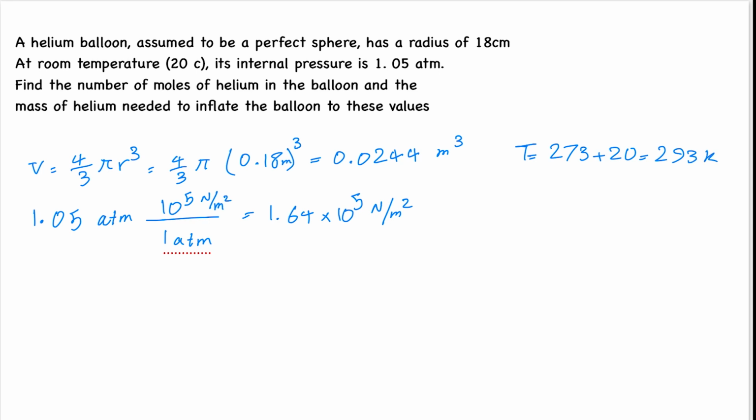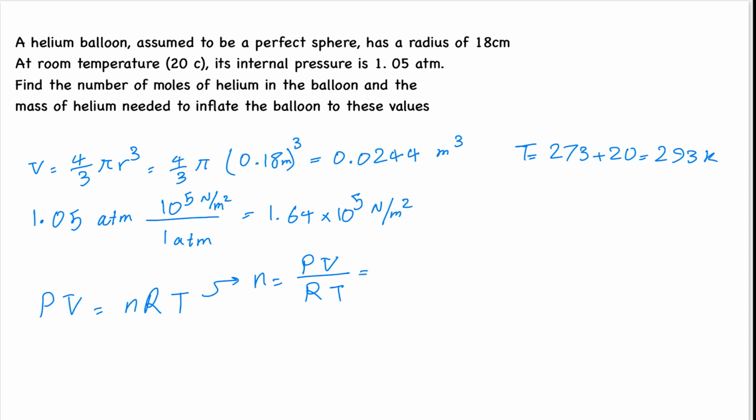After converting all of them into SI units, we have the formula for the ideal gas, PV equals nRT. We are first asked to find n. So n equals PV over RT, right?